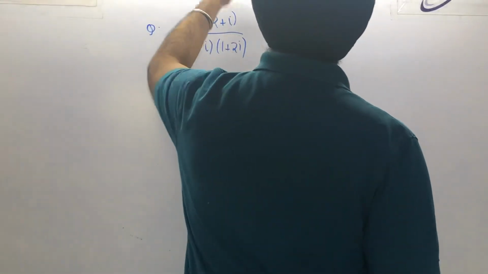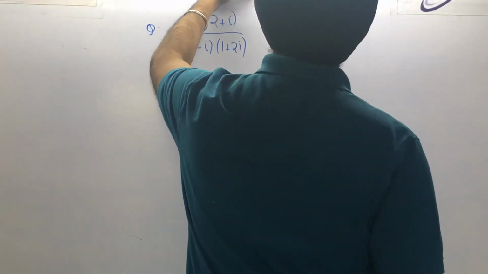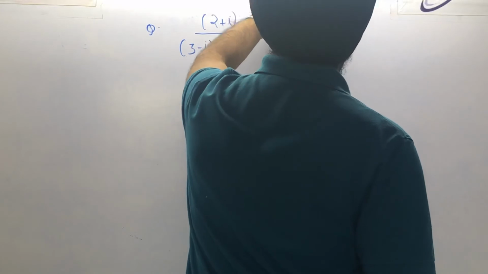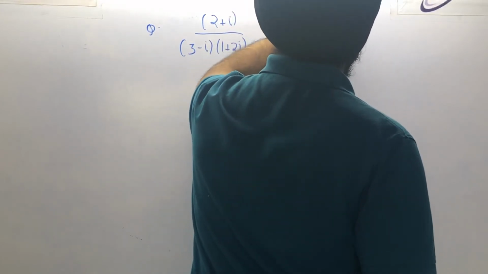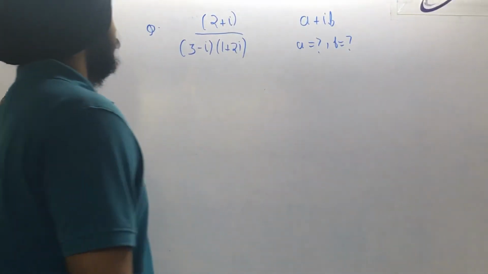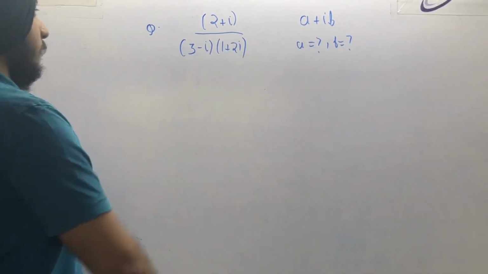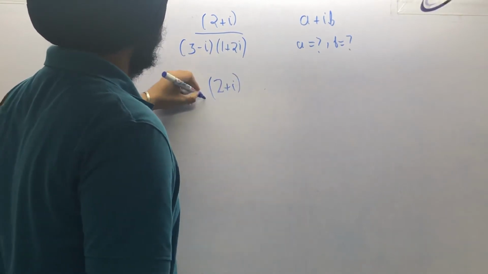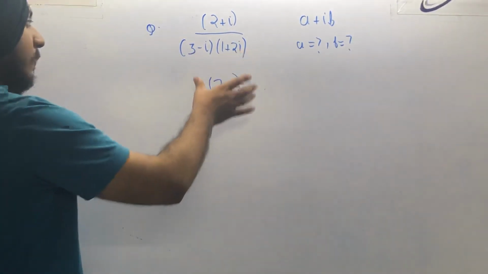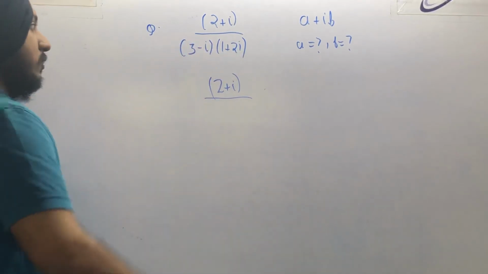Again same type, first of all I have to find in this form and I have to find these values. Now we will solve this. So 2 plus iota upon, first of all just try and solve the denominator, just multiply these two terms.